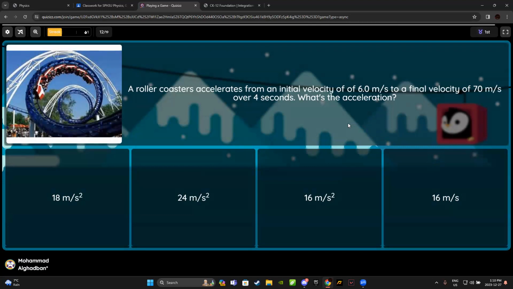Yeah, good. So change the velocity over time.